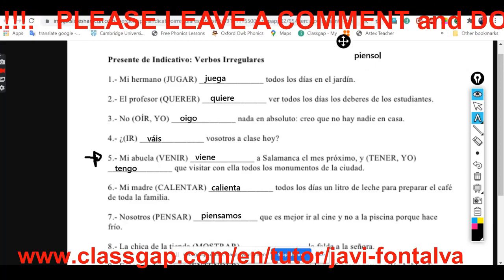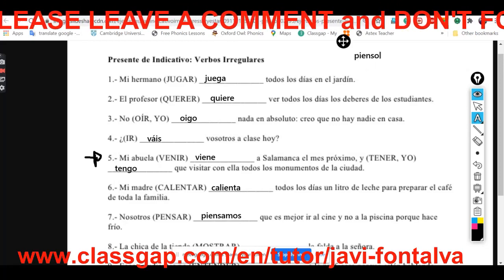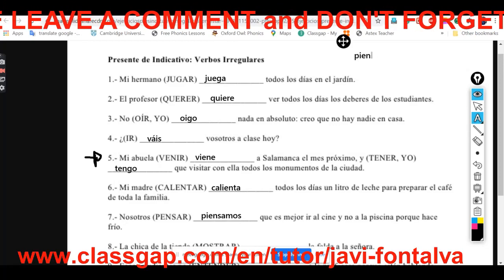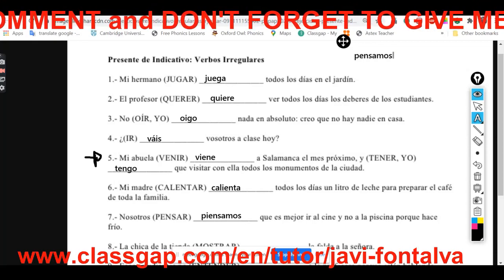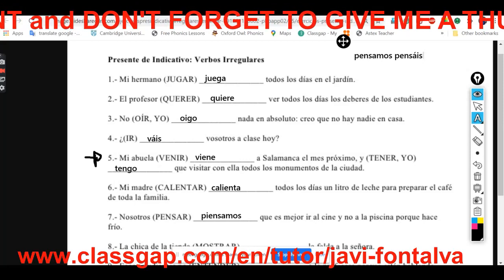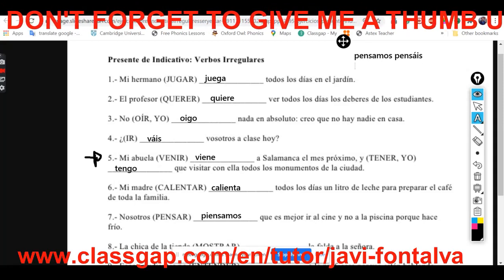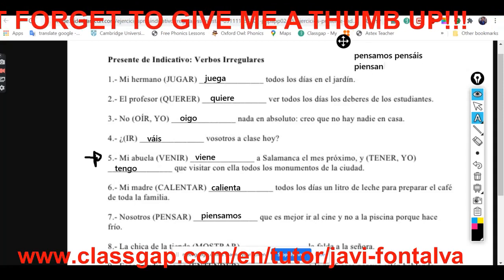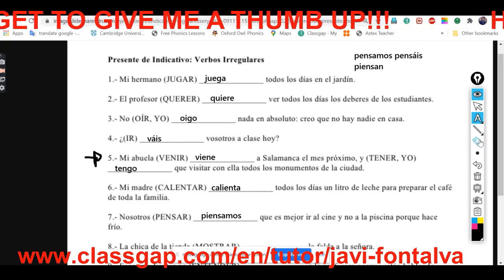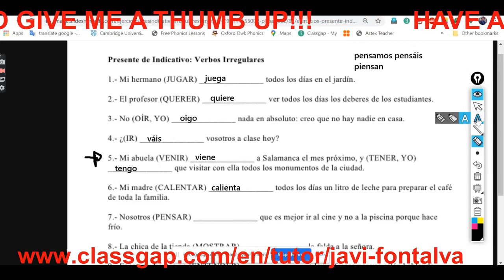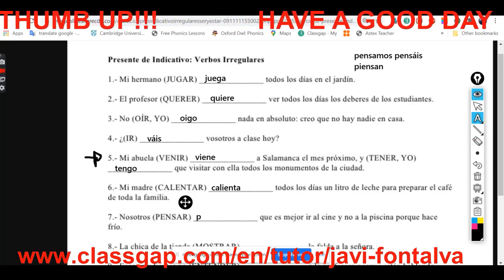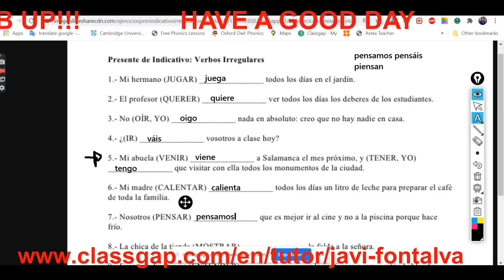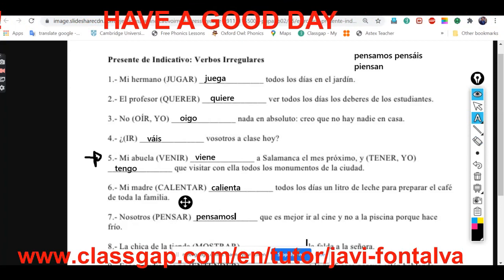But as soon as you say we or you guys, you go back to the normal one. Pensamos, pensáis. And then you go back to piensan. They think. So, not piensamos, but pensamos, right? Can you read the whole thing, please?